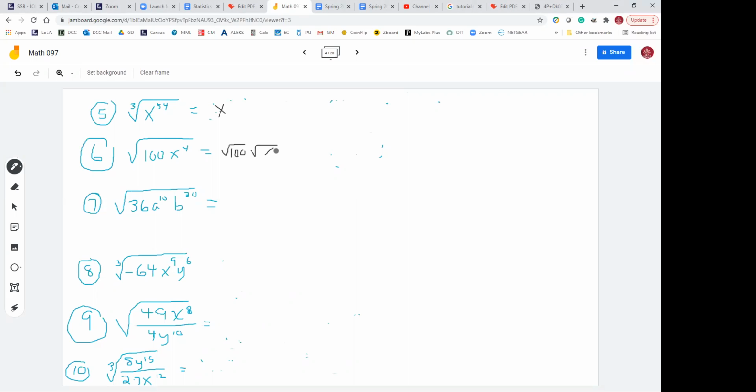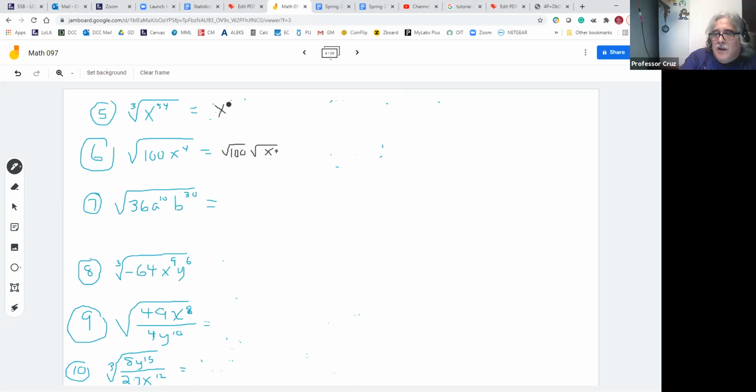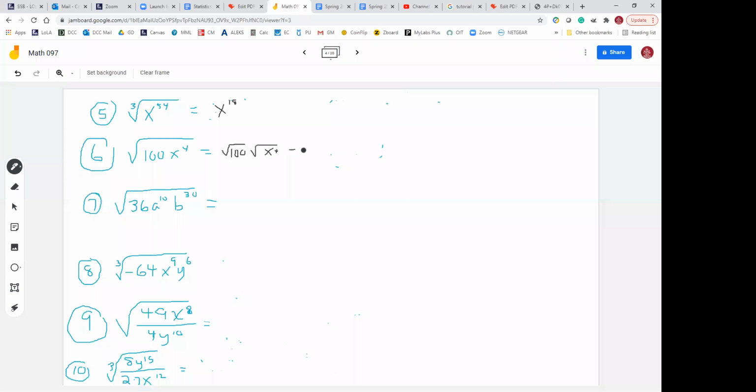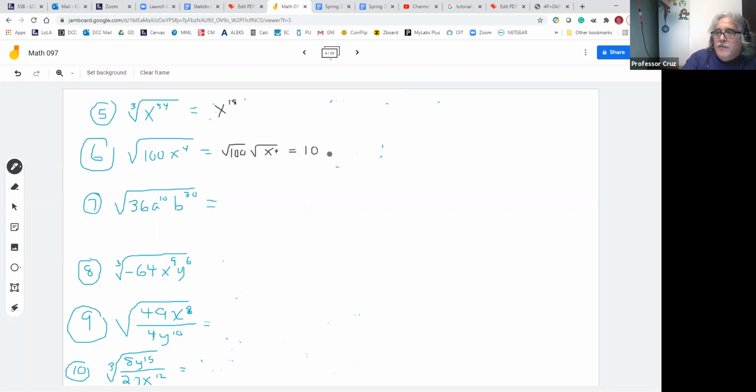Three times 18 is 54. Yeah, so this is X to the 18th. This one, like I said, you can break it into 2 if that helps. So the square root of 100 is 10, right? And 2 goes into 4. Try doing all of the rest of them; they should be perfect squares.